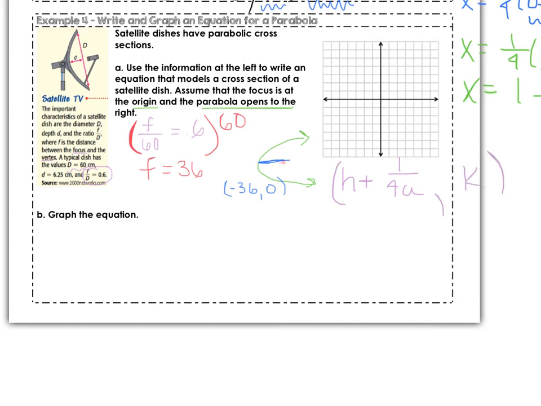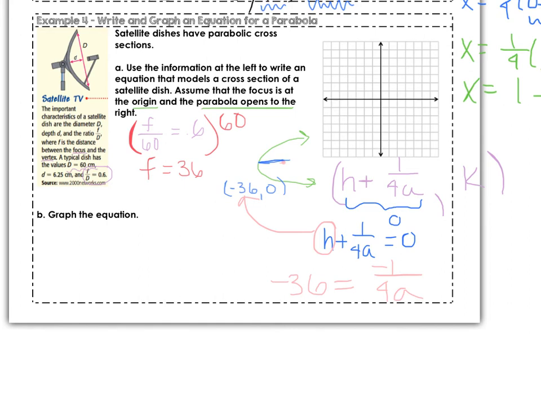And so the values that we know: the x-coordinate of my focus is 0. So this quantity of h plus 1 over 4a is equal to 0. And we also know that our h value is negative 36. So negative 36 plus 1 over 4a is equal to 0, so negative 36 is equal to negative 1 over 4a.